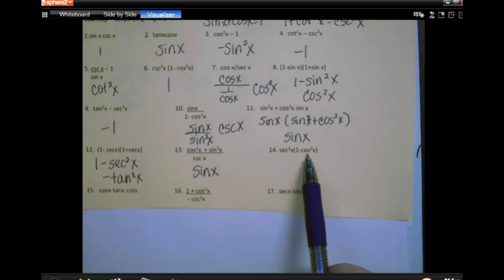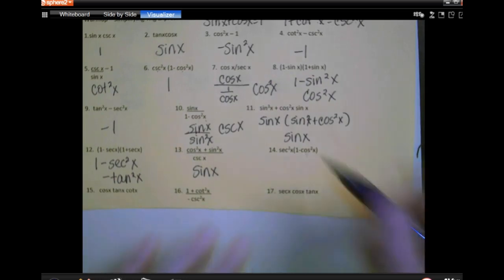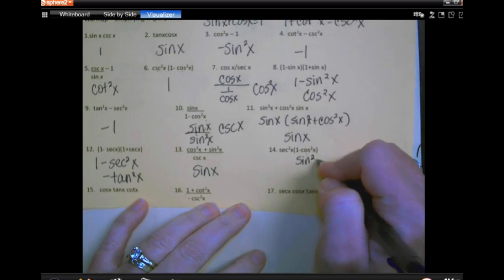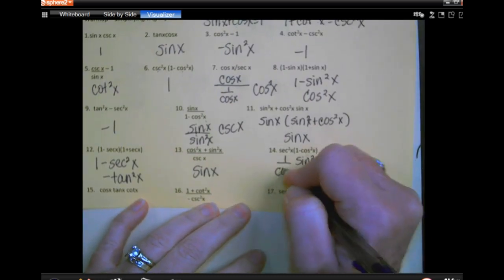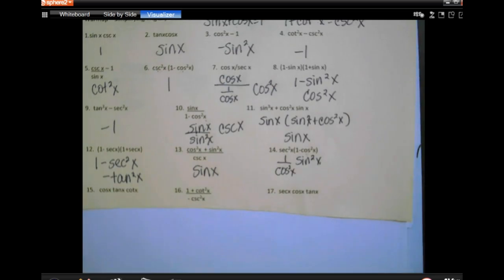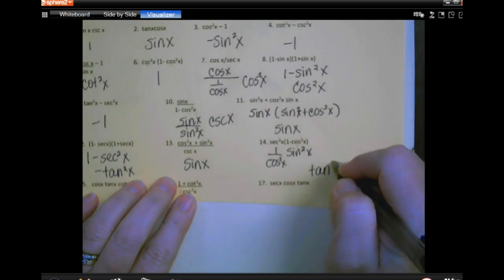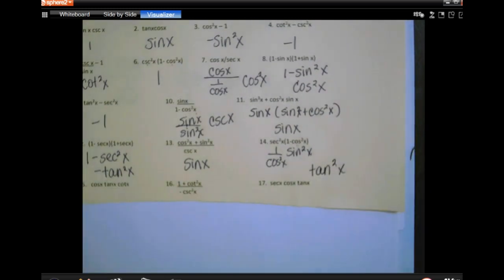So 1 minus cosine squared. And secant squared is what? 1 over cosine squared. So I have sine squared over cosine squared, and that equals tangent squared. Because secant is 1 over cosine squared. Oh, I thought like it didn't equal 1 because like secant is just 1 over.